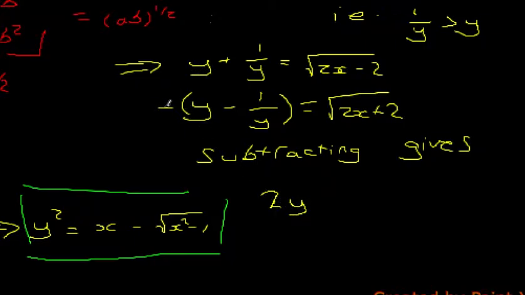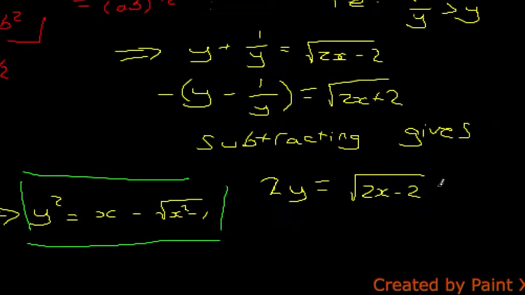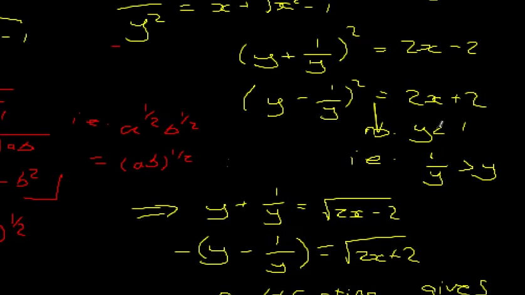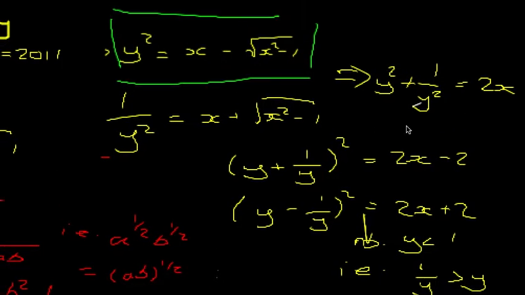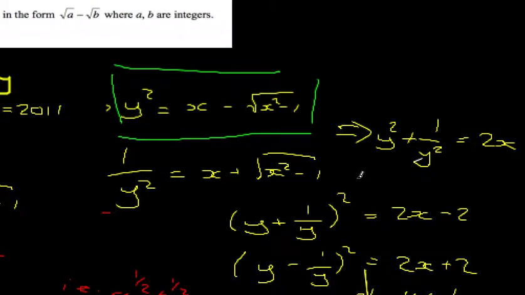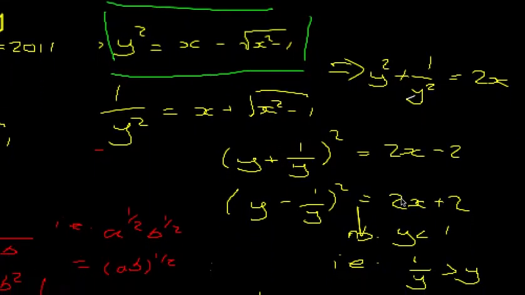Because minus minus is a plus, so that's like adding y plus 1 over y with y minus 1 over y, which is 2y. And this is root 2x minus 2 minus root 2x plus 2. I think I've got my plus and minus the wrong way around somehow, because otherwise this is going to be negative. Okay, let's have a look. Where did this go wrong?